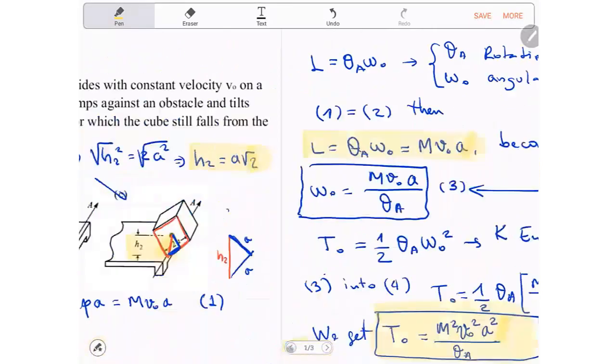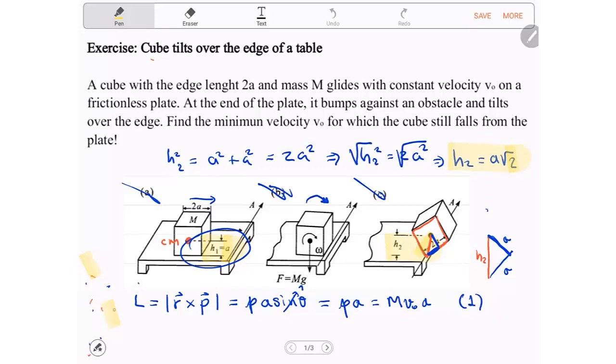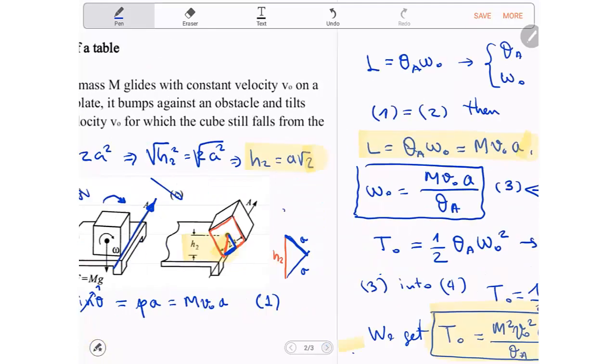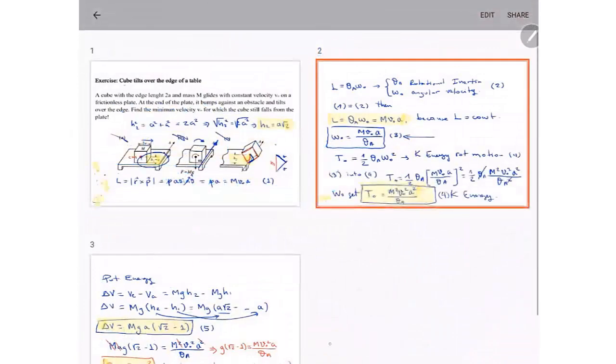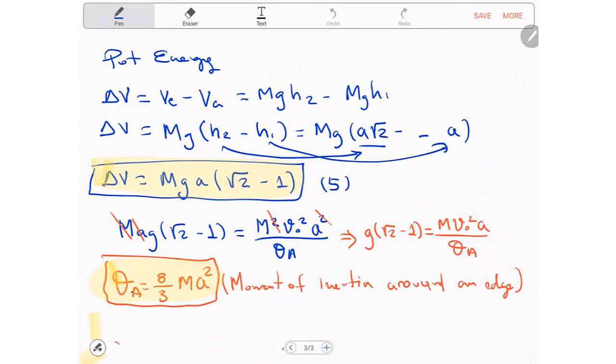This cube is going to rotate around this edge, and the moment of inertia depends on the axis of rotation. In this video we use the definition, but we will calculate the moment of inertia of this object in a more formal way in another video.